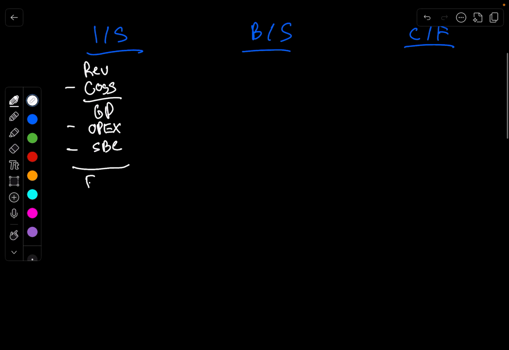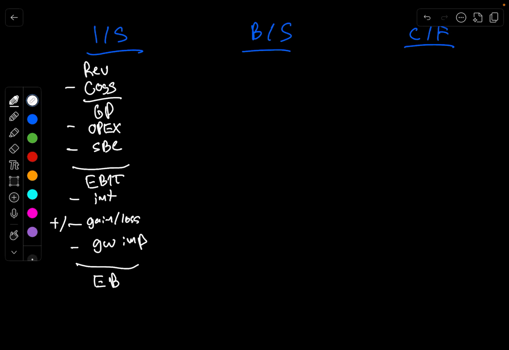Then we get our EBIT. From our EBIT, we subtract out our interest expense, we subtract or add our gains/losses, we subtract out our goodwill impairment, and that gives us our earnings before taxes.